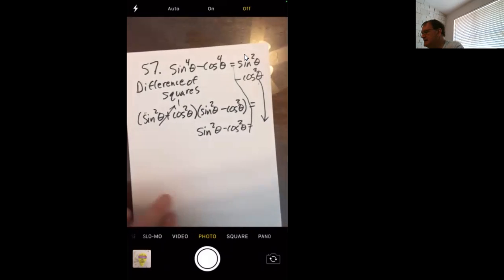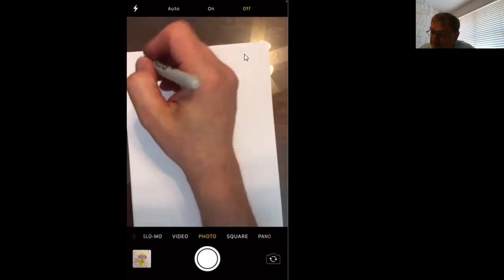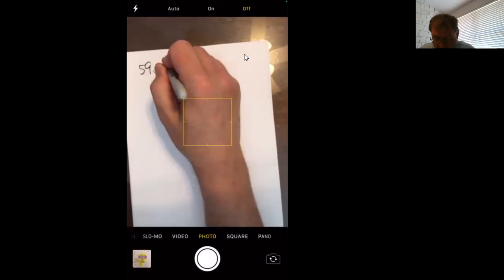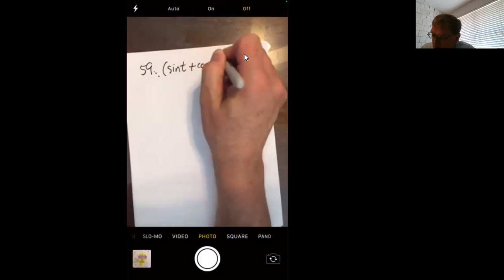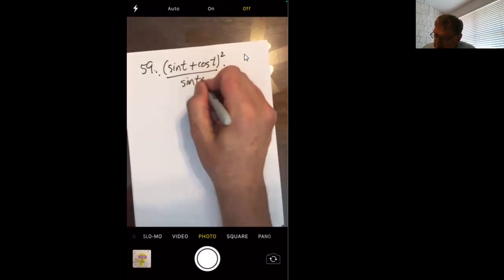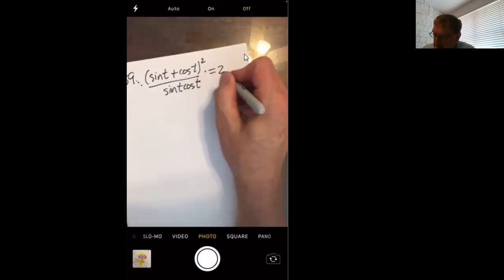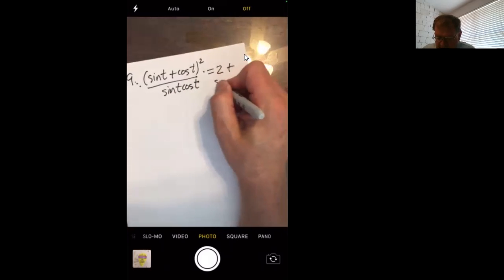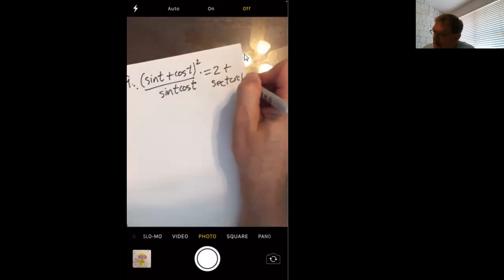59 looks a little nasty. I think that's where I had the assignment quit. Let's see how hard I can make 59 look. Sine of t plus cosine of t, and then square, over sine t cosine t, is equal to 2 plus secant t cosecant t.